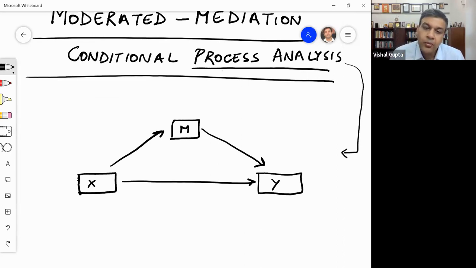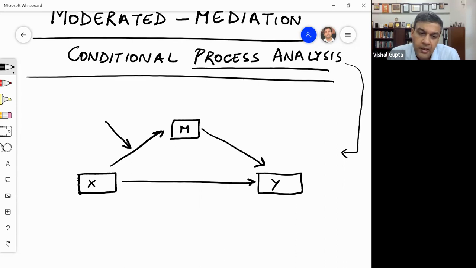It is now possible to understand what my direct effect is and what my indirect effect is. But then I'm saying that the process is also conditional. The mediation is also moderated. If I draw an arrow like this, I'm saying now, let's say, I will give you multiple scenarios here.